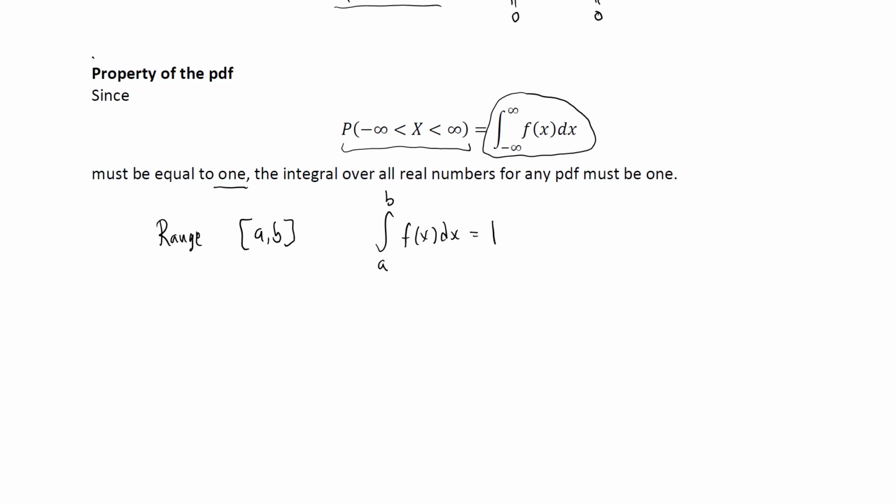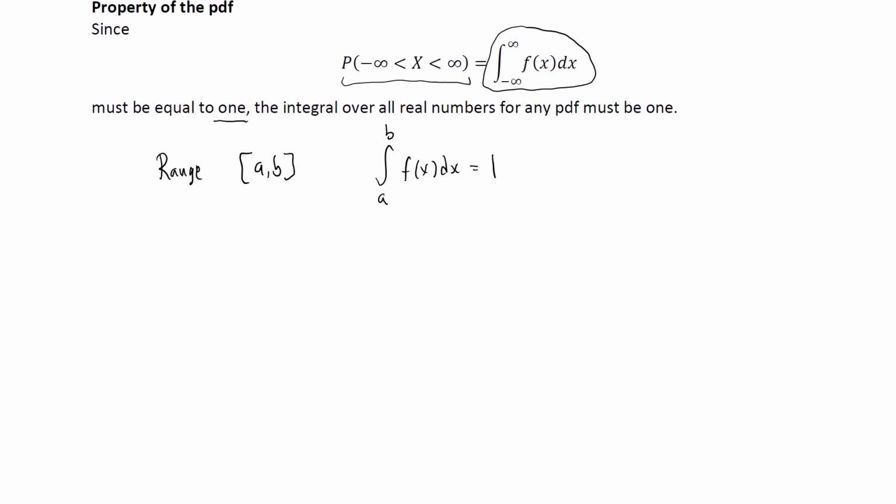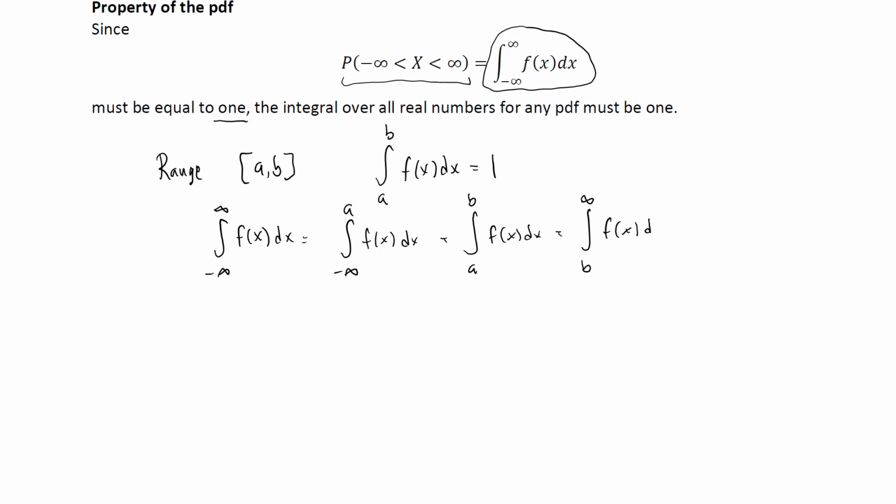This will not contradict the property, because we can always write the integral from minus infinity to infinity of f of x dx as the integral from minus infinity to a of f of x dx, plus the integral from a to b of f of x dx, plus the integral from b to infinity of f of x dx.